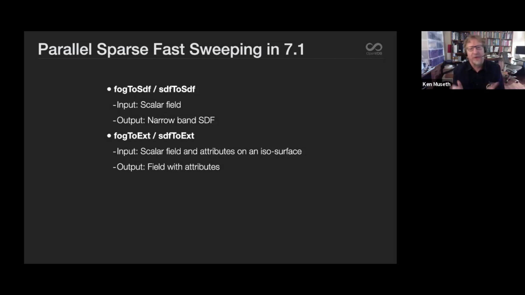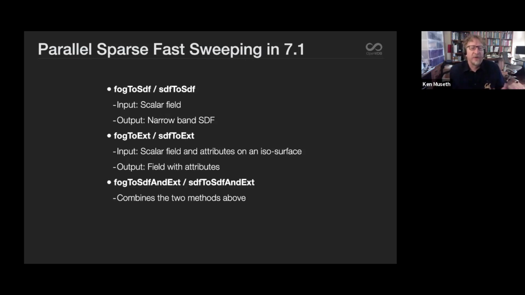For instance, you have velocities on the surface, but you actually need to have velocities associated with values that are outside of the surface. These two methods will do that. And there are combinations of these four methods that perform both tasks at the same time, so it both extends velocities and also attributes from the surface.